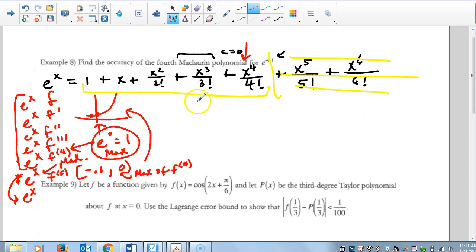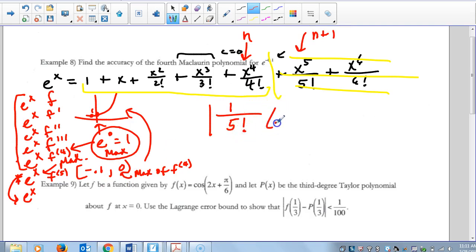So let's find the error. We went out to the fifth, so this is going to be 1, because this value is 1, over 5 factorial. That was the n plus 1 term, so n plus 1 is the fifth.